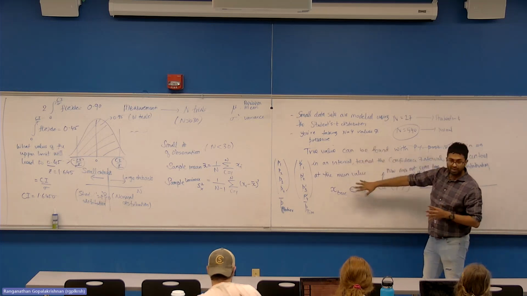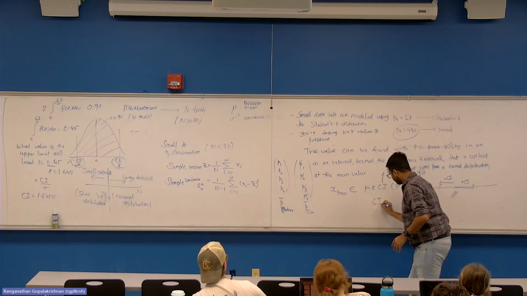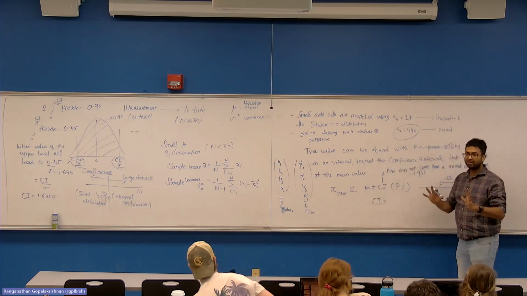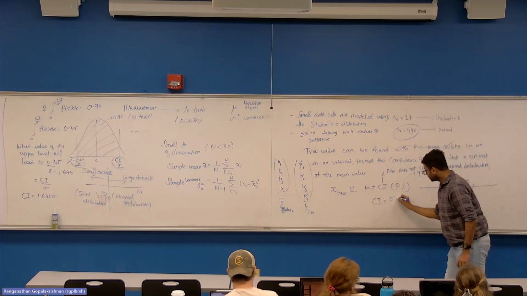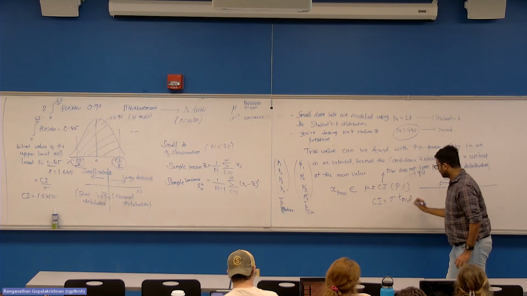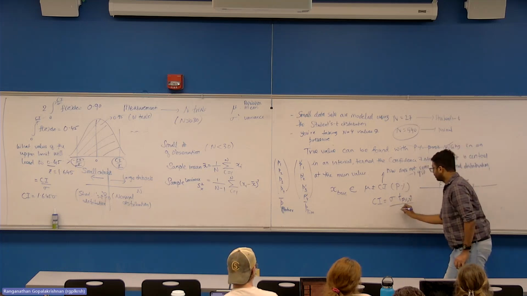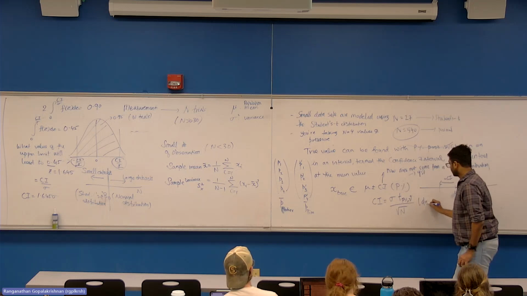So sparing you the details, I'm going to write CI. This is the all important formula. CI is sigma times the t statistic evaluated at p% probability and for a certain degrees of freedom, divided by square root of n. Of course, we are skipping the derivation.